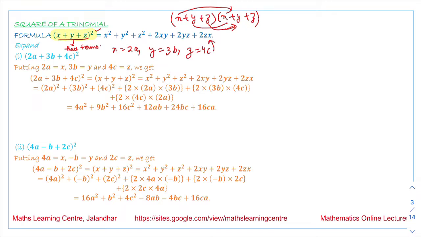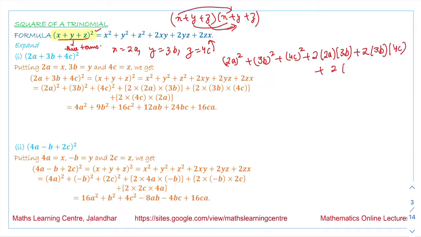So you will get x square, which means (2a) square, plus y square, which means (3b) square, plus z square, which means (4c) square, plus 2 times x into y, which means 2a into 3b, plus 2 times y into z, which means 3b into 4c, plus 2 times z into x, which means 4c into 2a.